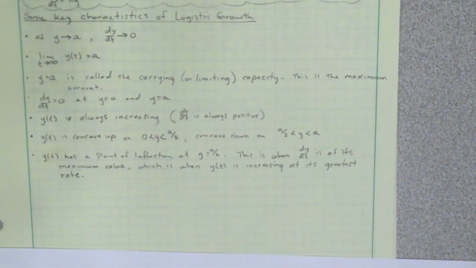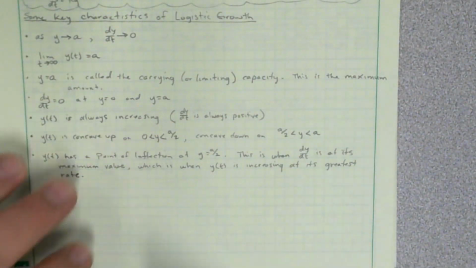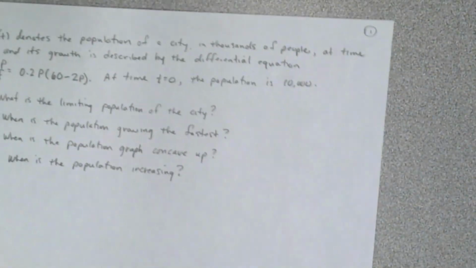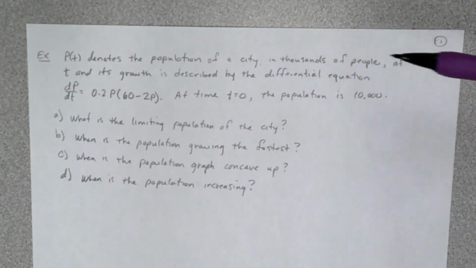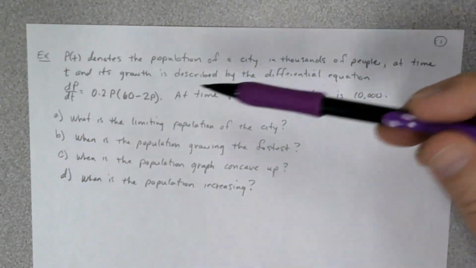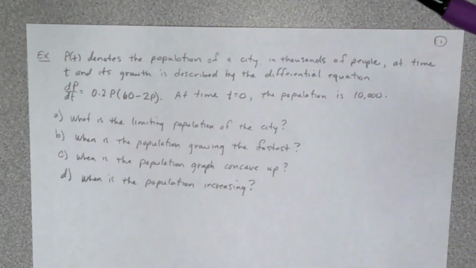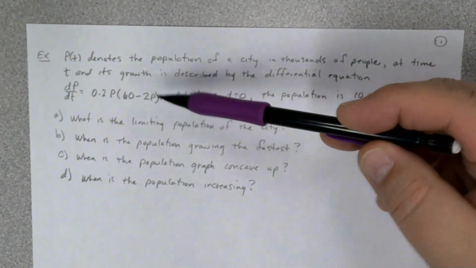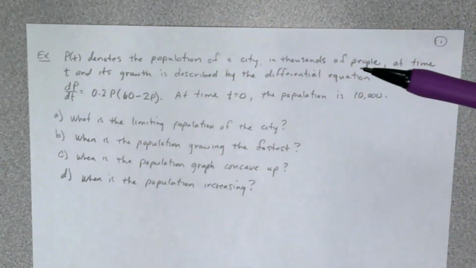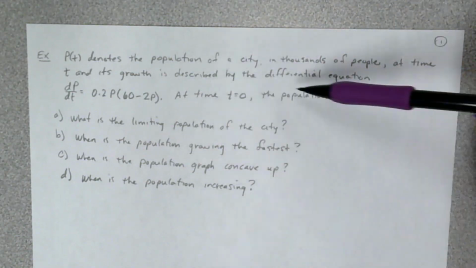Okay, so let's look at some of the question types that you're going to be seeing and how they'll ask it and get familiar with it. So we have our first example. P of t denotes the population of a city in thousands of people at time t, and its growth is described by the differential equation, this right here. So you can see it's in the format of the logistic growth model. At time equals 0, the population is 10,000.